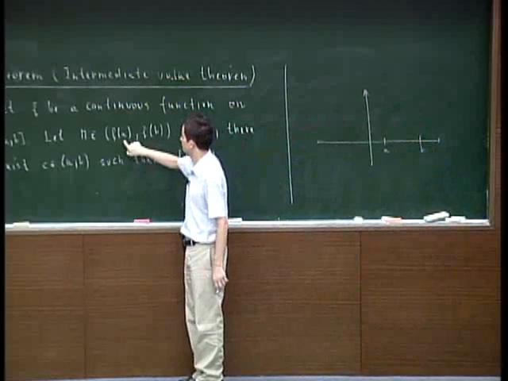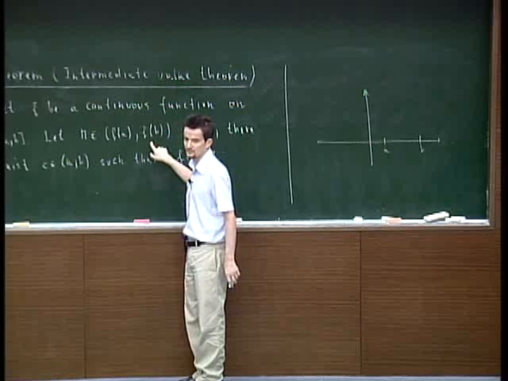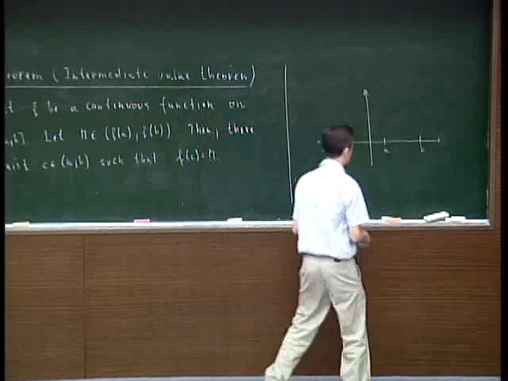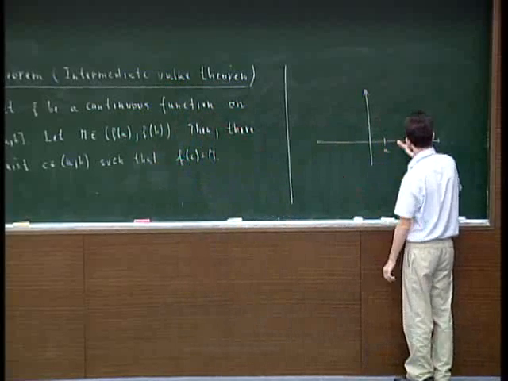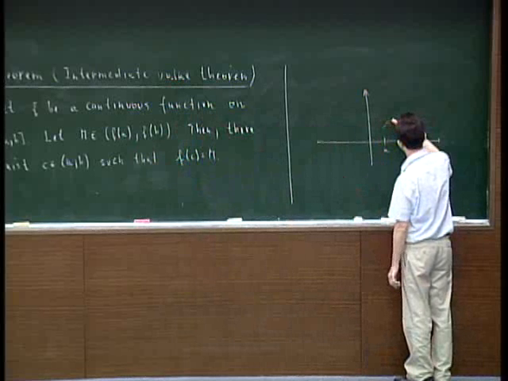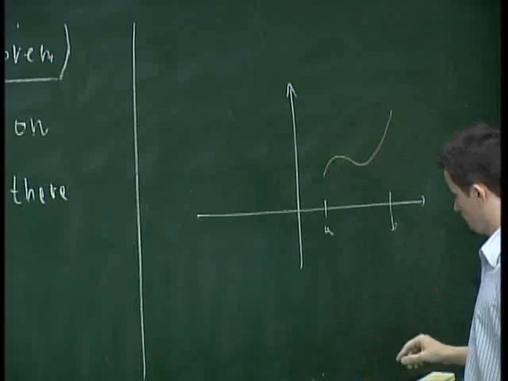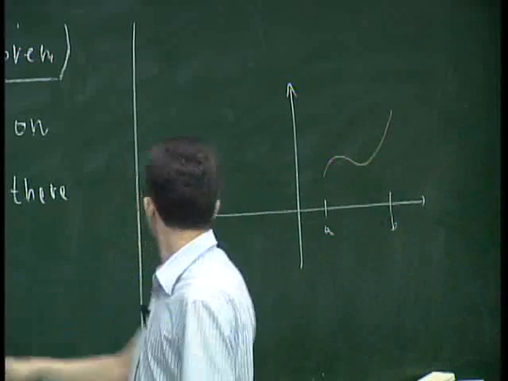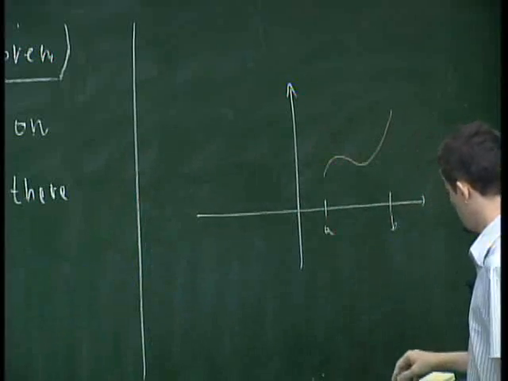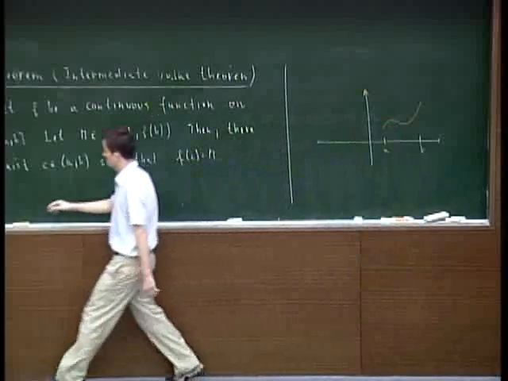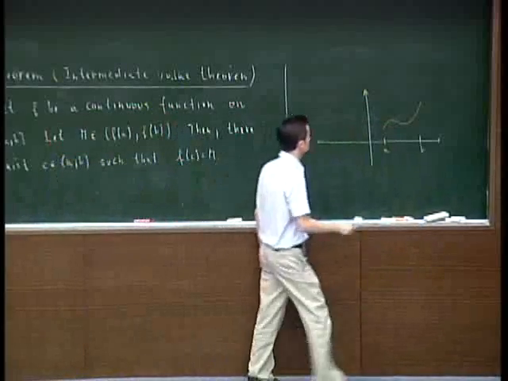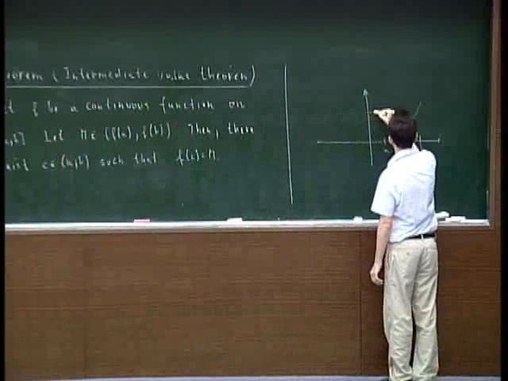It might be that f(a) is larger than f(b). But let's just stick to this situation. So maybe you have something like this here. Now what you do is you choose an m, let's say, for instance, this one. So this is your m.